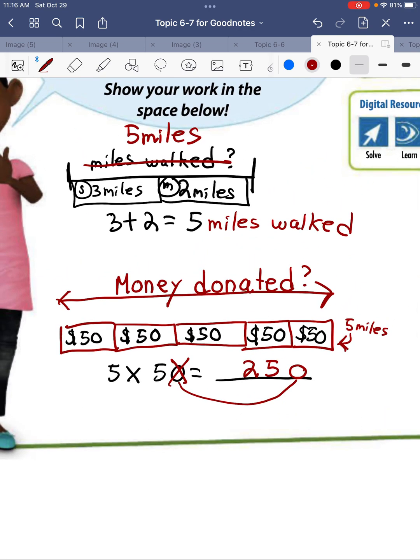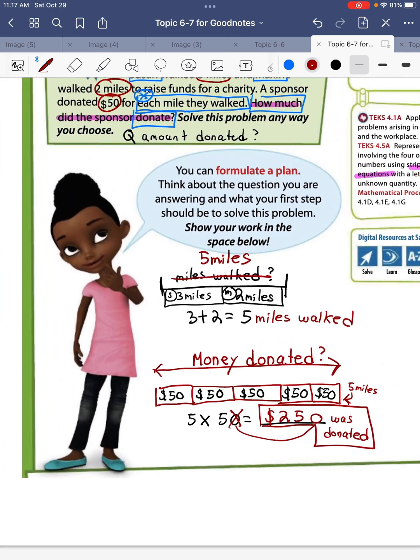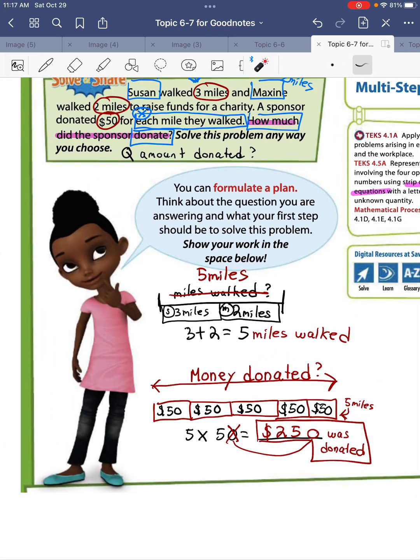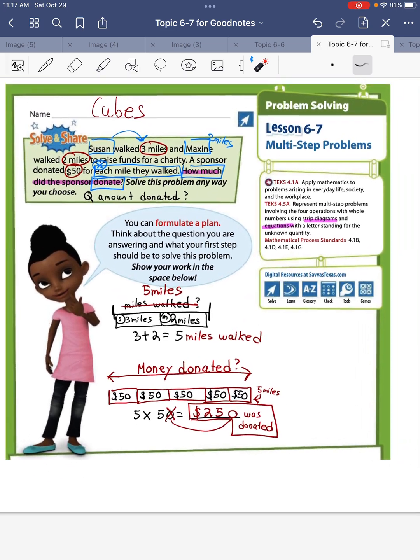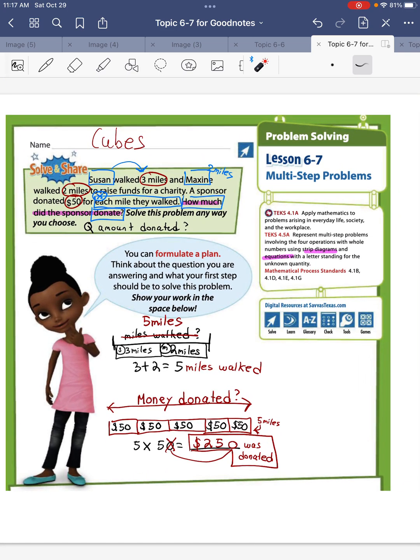So at the end, I can say $250 was donated. Okay, and there, I am done. So to answer my question, money donated, the amount donated was $250. That is how we do multi-step problems. We have to make sure that we use our cubes. We have to draw it out.